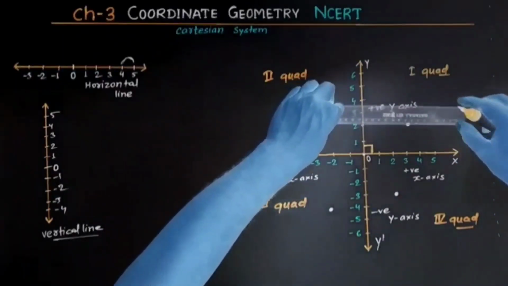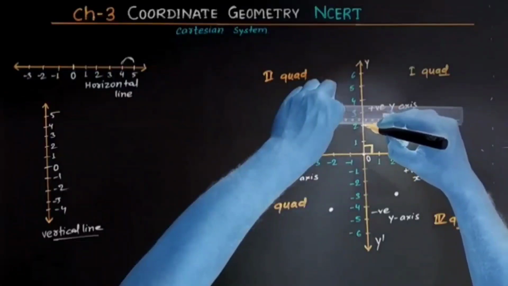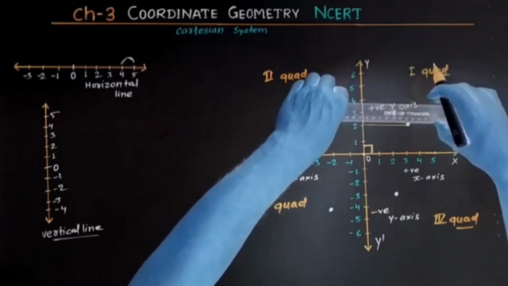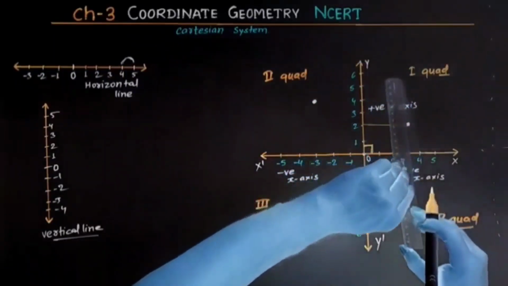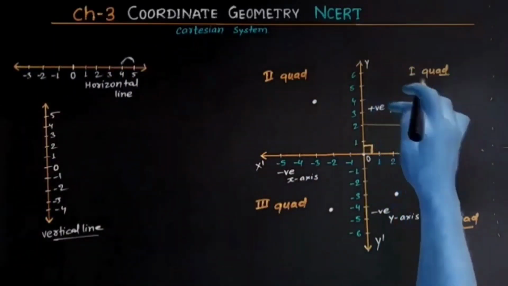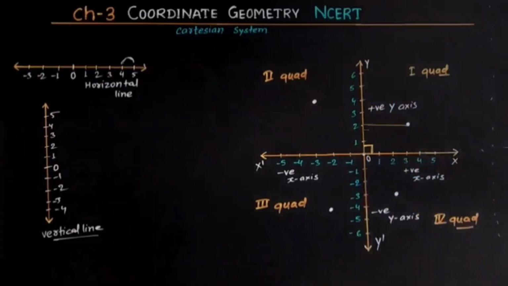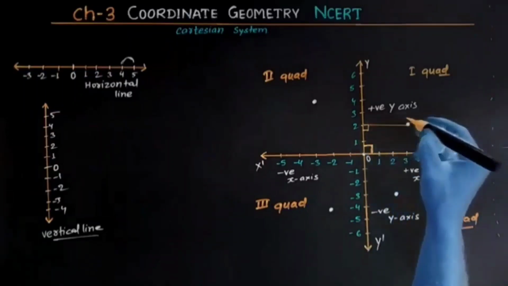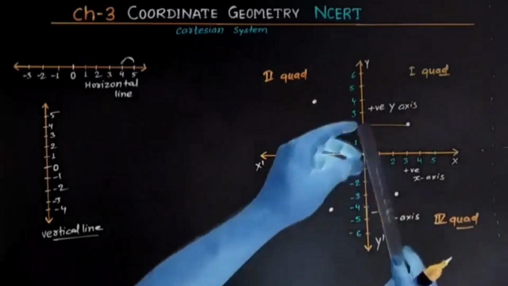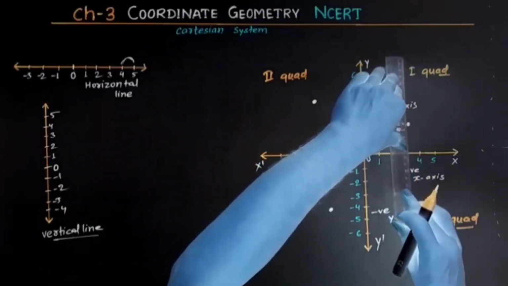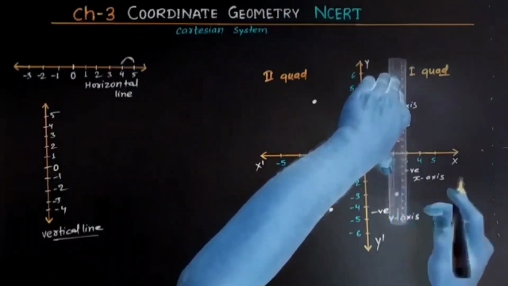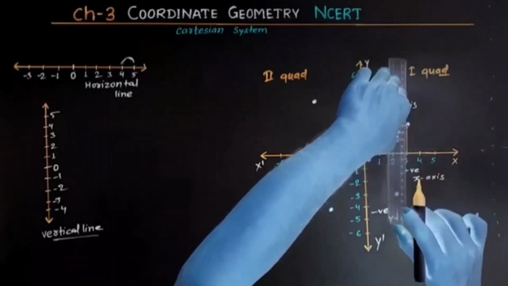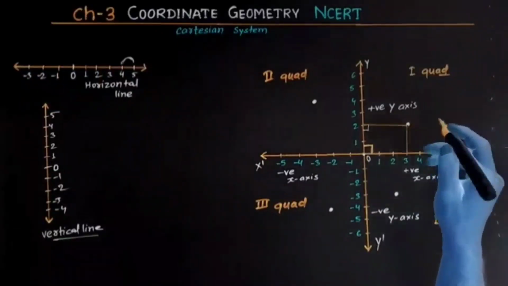From this point, you have to draw a perpendicular to the y-axis as well as a perpendicular to the x-axis. So, to know the coordinate of any point, we have to draw a perpendicular to the y-axis as well as a perpendicular to the x-axis.